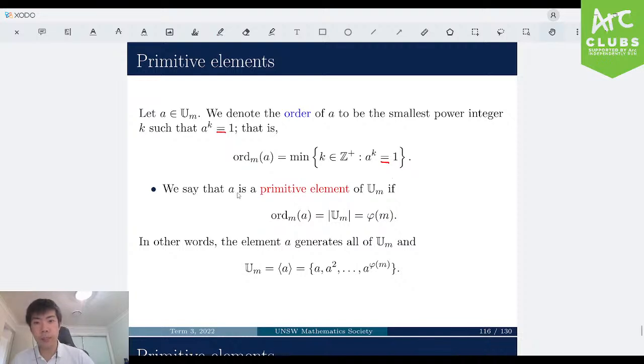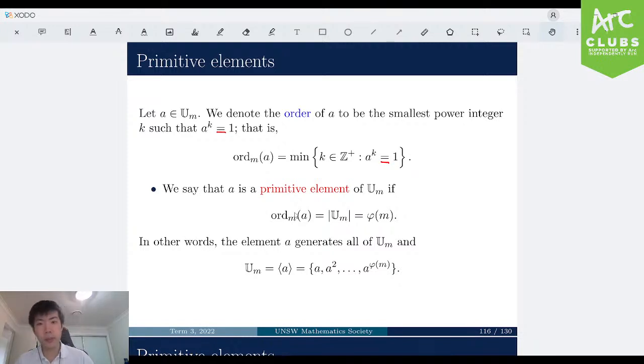And we say that A is a primitive element of U_M if the order of A under modulo M is exactly equal to the size of your set U_M. Okay? Or in other words, exactly equal to phi of M. Right? In other words, this particular element A can generate all of the other elements in U_M.